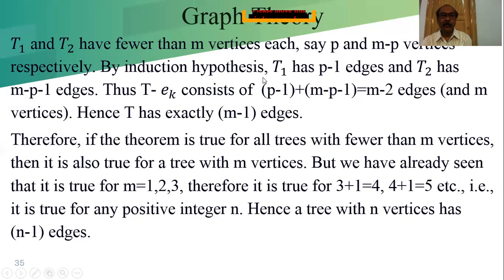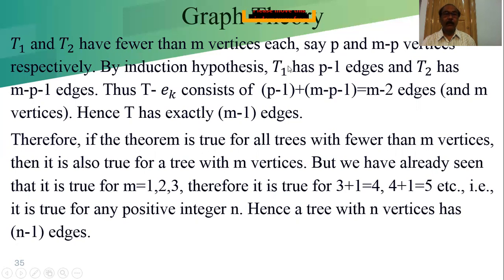By induction hypothesis, now we remove an edge. T1 has p minus 1 edges and T2 has m minus p minus 1 edges, because by the induction method our hypothesis is already true for less than m.